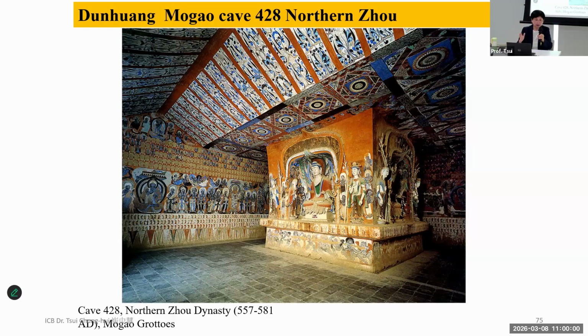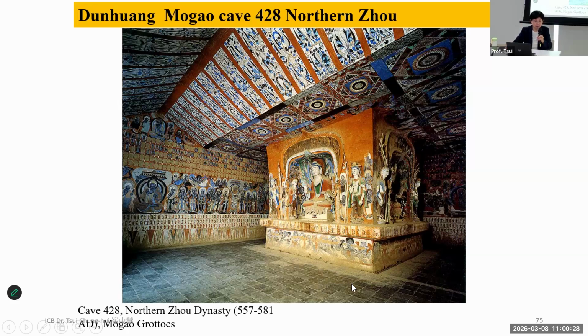He sponsored and collected money from many donors. So based on his management, they built a very huge central pillar cave during the Northern Zhou. So Cave 428 is a very huge central pillar cave.